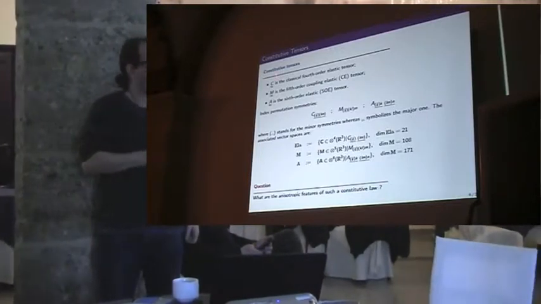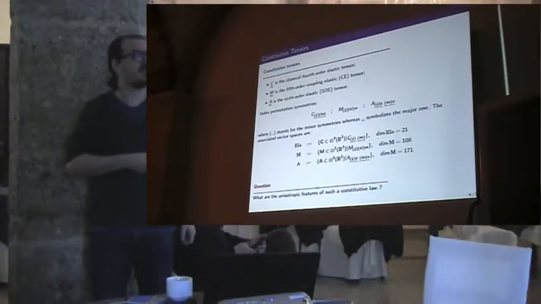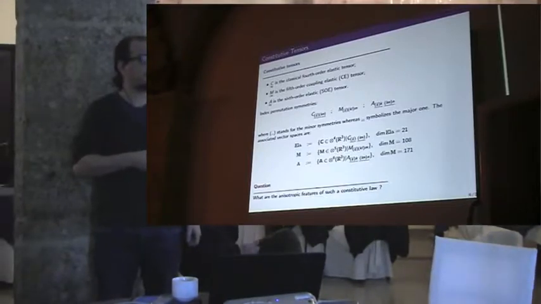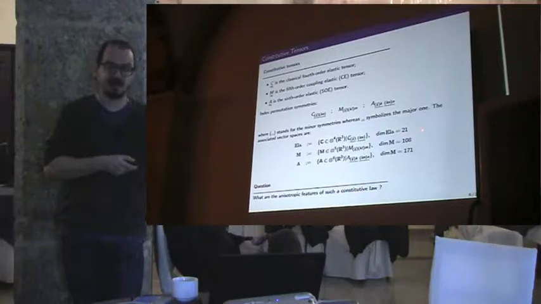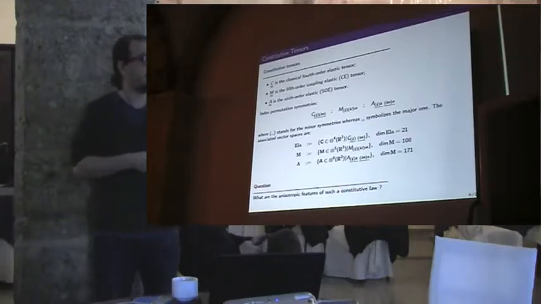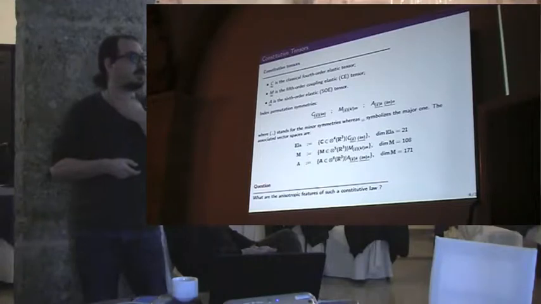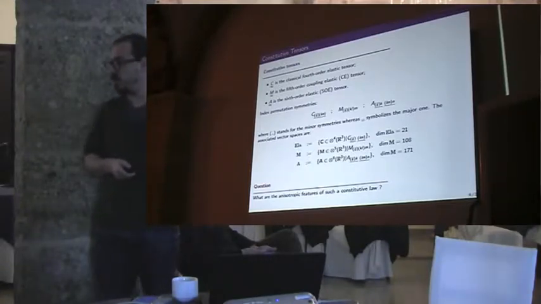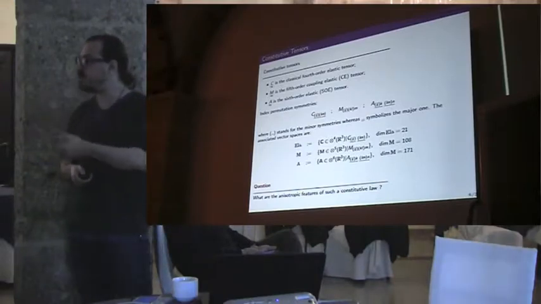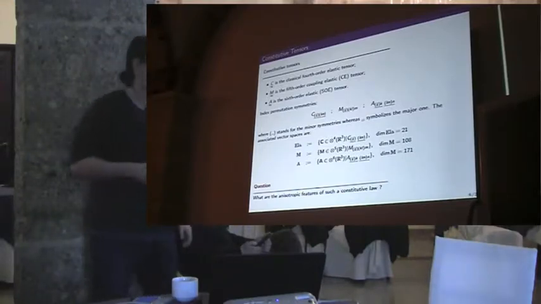Those tensors are defined by index symmetries, and the dimensions of the associated vector spaces are respectively 21 as usual for classical elasticity, 108 for the coupling tensor, and 171 for the sixth-order tensor. If we sum up these different numbers, we obtain the 300 coefficients indicated yesterday.